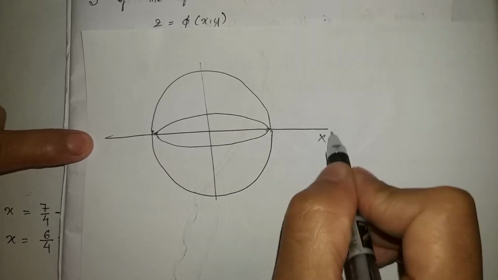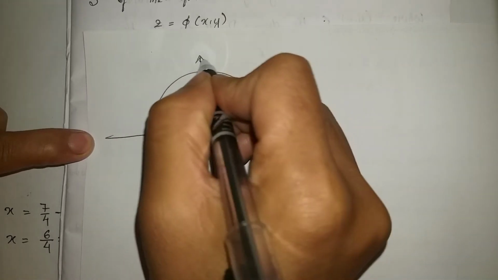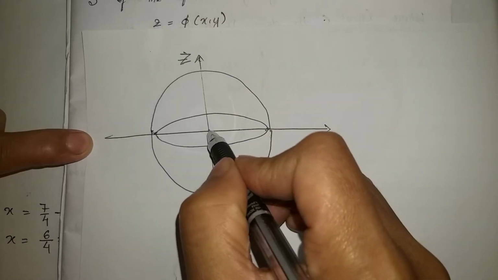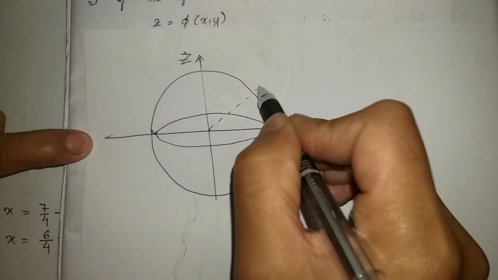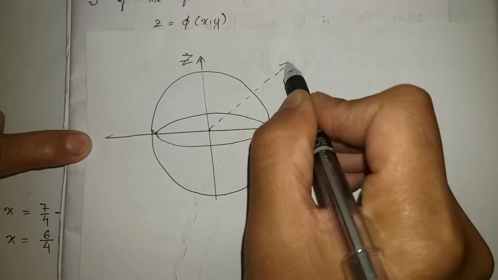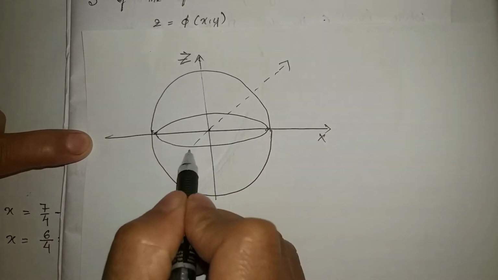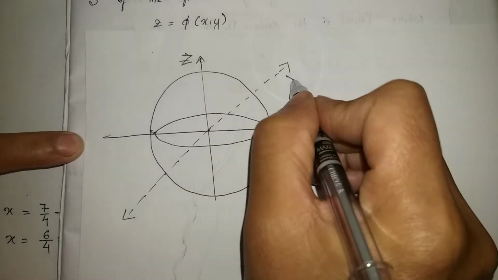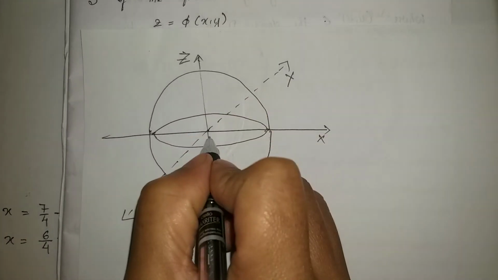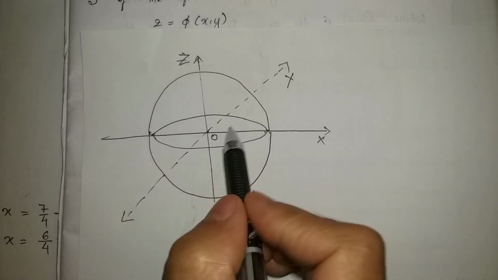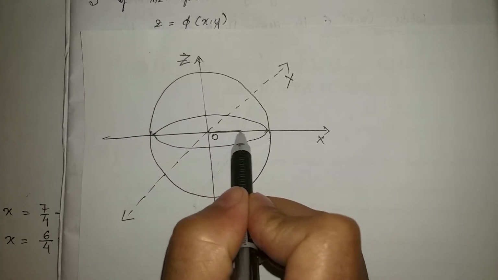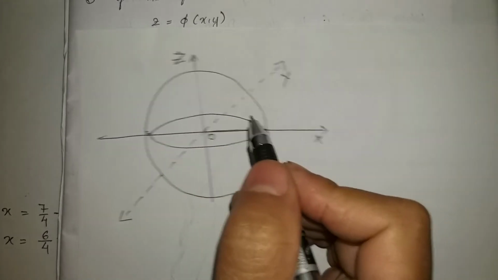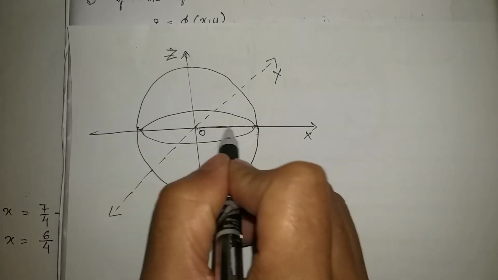Suppose this is the x-axis, the z-axis. Let me draw the y-axis. This is the y-axis, and this is the origin. This is the radius of the sphere. Since I'm talking about a unit sphere, this radius is equal to 1.